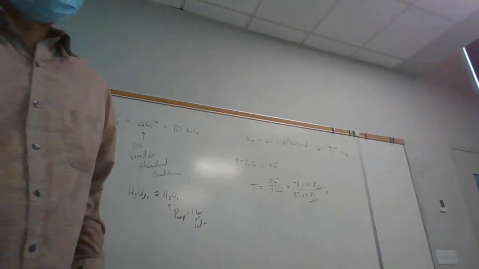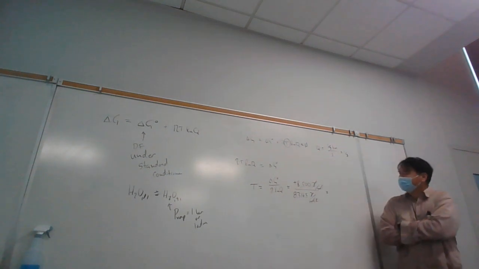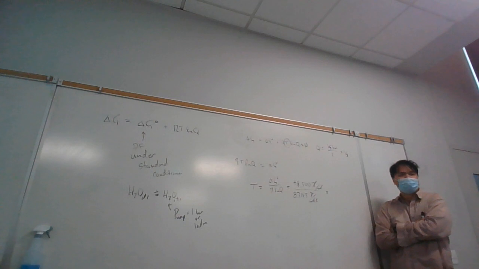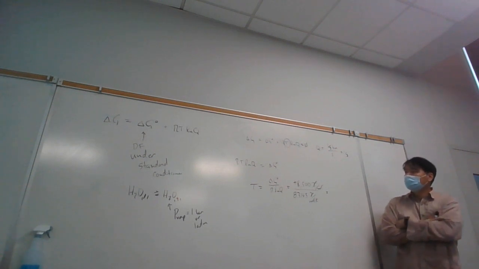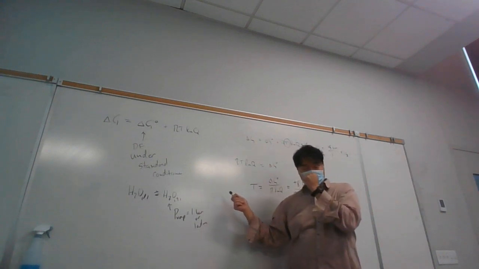But I'm not actually going to calculate the Kelvin because I made an error here. You see my error? Well, no, if I'm under standard conditions, ln of Q would be 0.